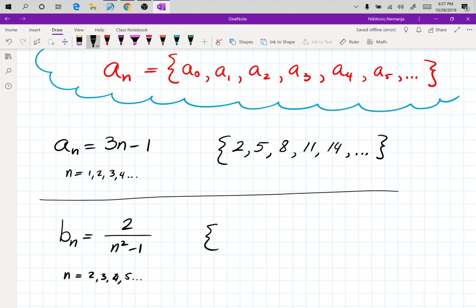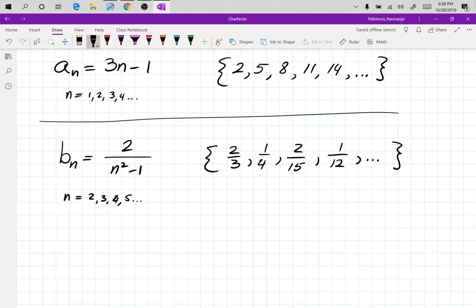So now what do I have? I have 2 squared is 4, minus 1 is 3, so 2/3 is the first number. Then when I plug in 3, that's 3 squared is 9, minus 1 is 8, so 1/4 is the next term. Then when I plug in 4, 16 minus 1 is 15, 2 over 15. Then when I plug in 5, 25 minus 1 is 24, 1 over 12. Dot, dot, dot, going on.